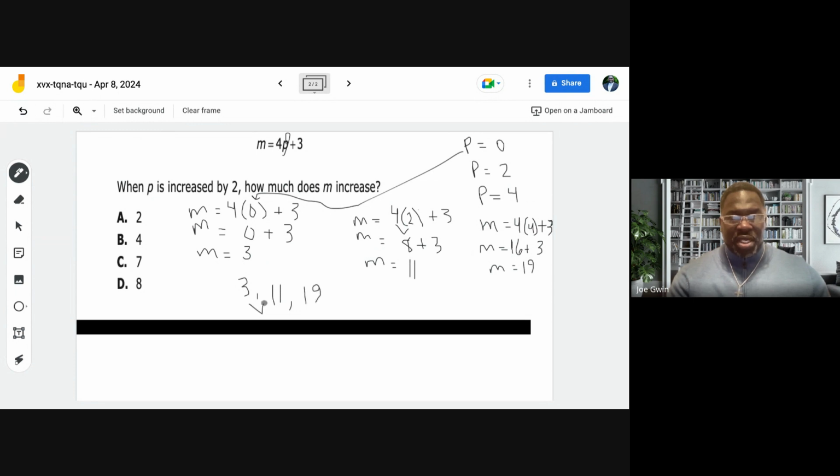So from 3 to 11 gave us 8. From 11 to 19 went up 8 as well. So as P increased by 2, M increased by 8. All right. Hopefully that made some sense to you.